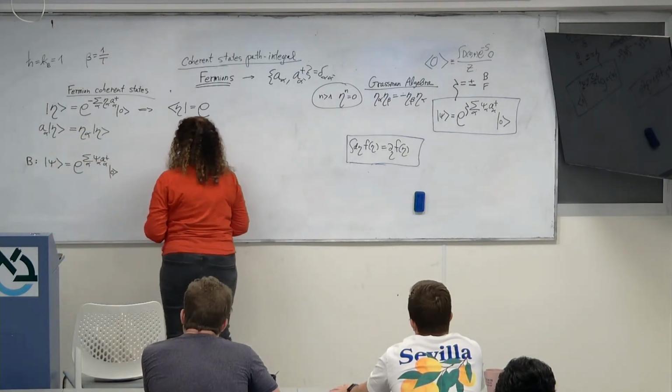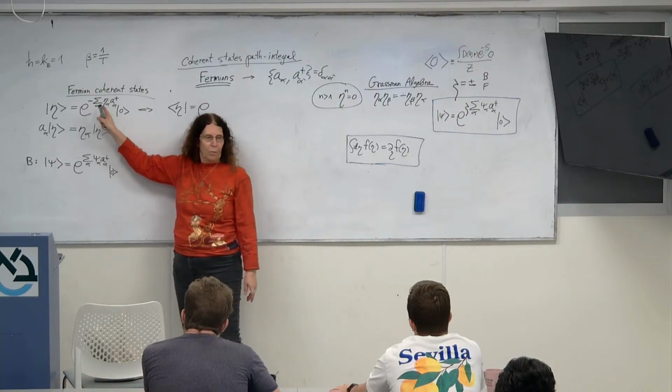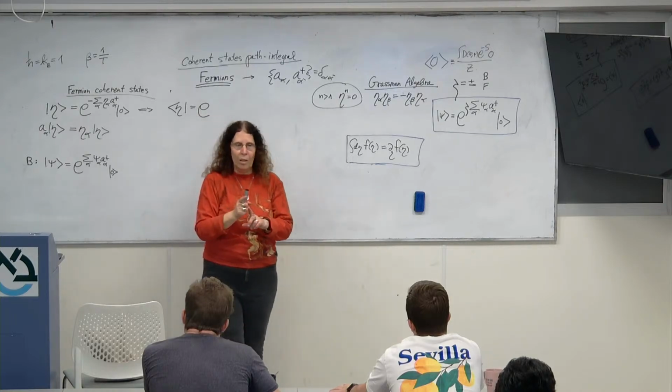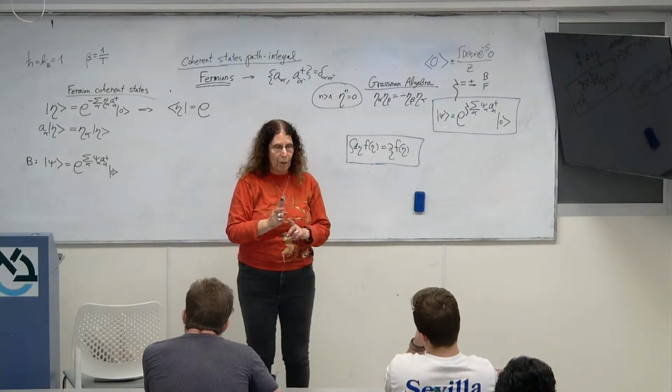Now we also have to keep track of the order of the eta and the a, because every interchange is picking a minus sign, okay?